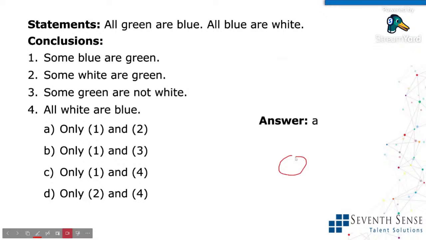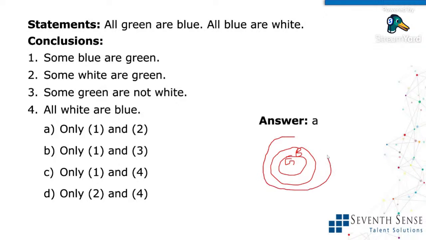All green are blue. Then all blue are white. All blue tend to be what? White.